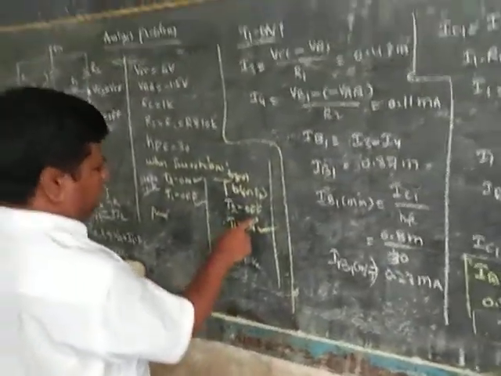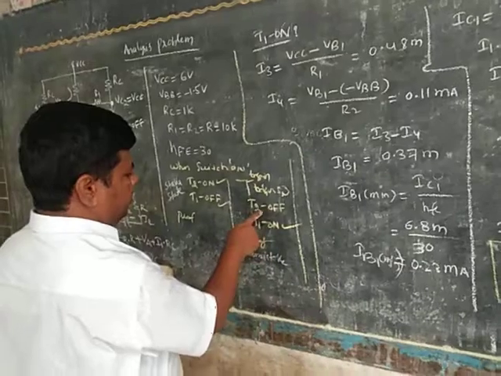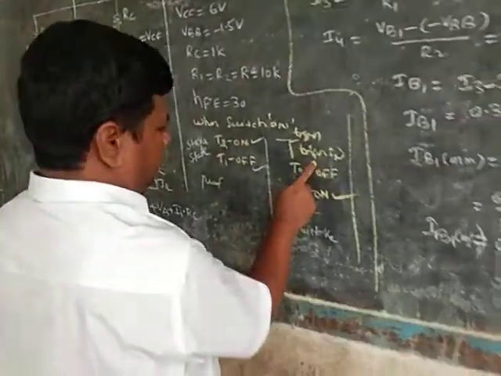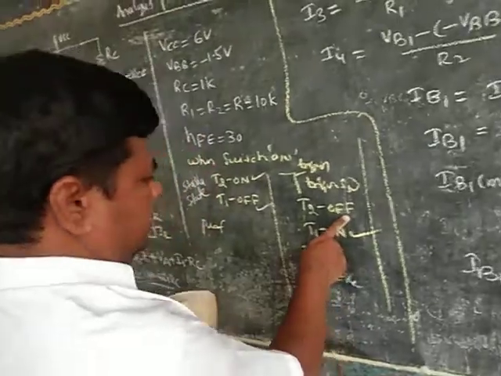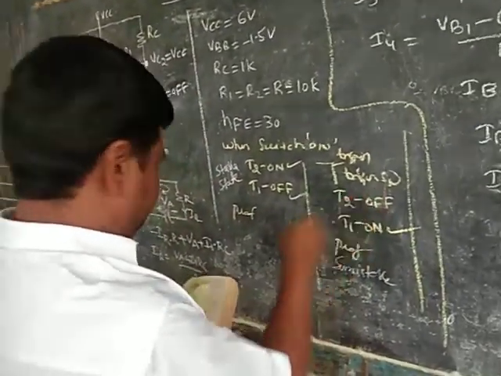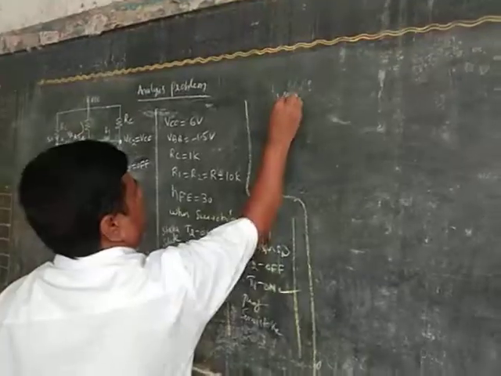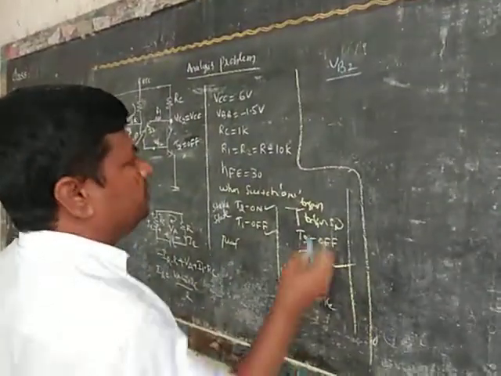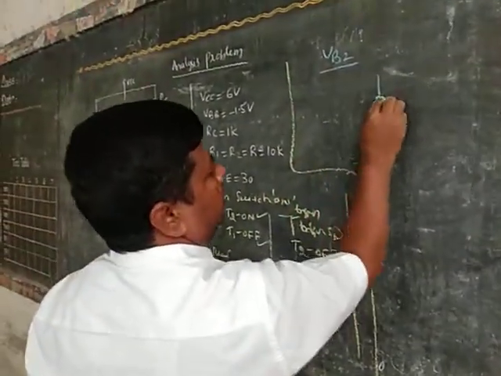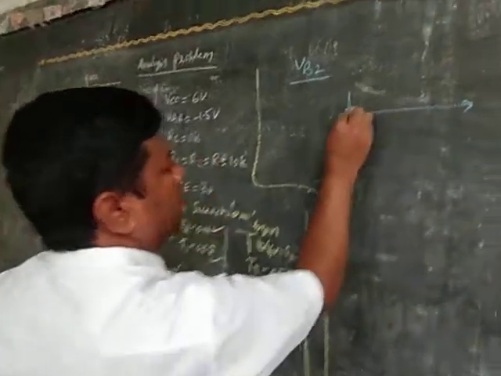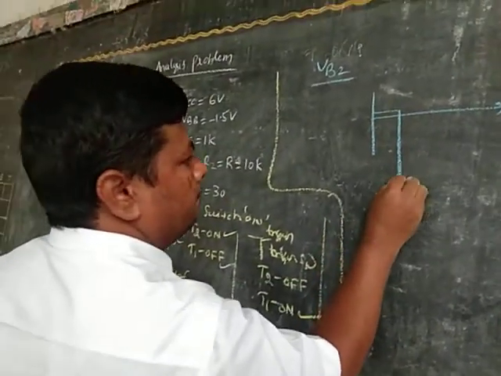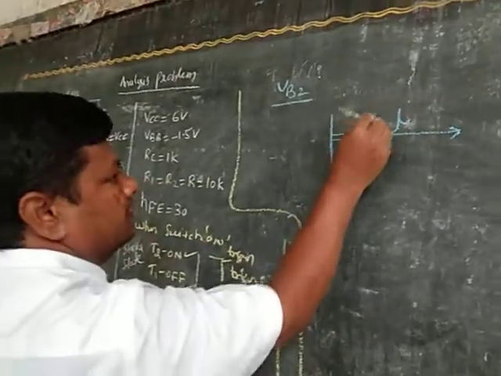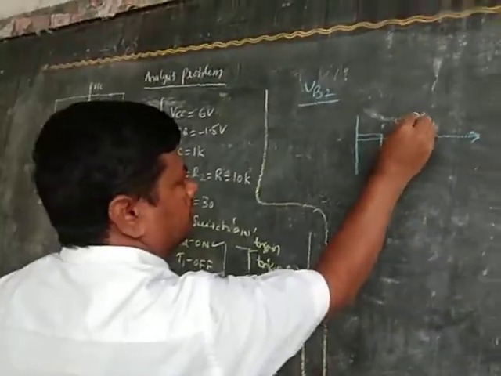Now there is a last one. Again apply some circuit analysis procedure. Again find VB2. If VB2 is less than 0, we can say the transistor T2 is in off state. Last one is VB2. To find VB2 we require a waveform. VB2 waveform, already we know that, in semi-stable state.